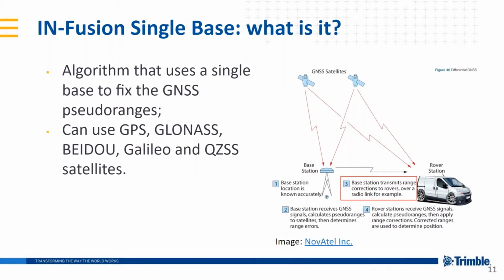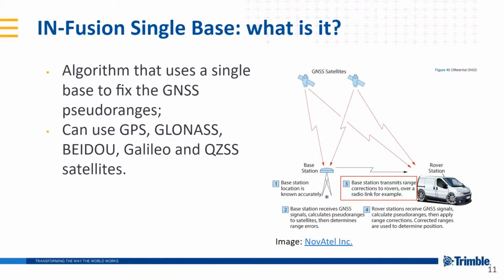So I will start from the first one, the infusion single base. What is single base? It uses a single base to correct the GNSS pseudo ranges. It can use GPS, GLONASS, BeiDou, Galileo, and QZSS satellites as well. From the graphic, we can see the base station location is known accurately, and then it receives the GNSS signals, calculates the pseudo ranges to the satellite, and determines the range error.